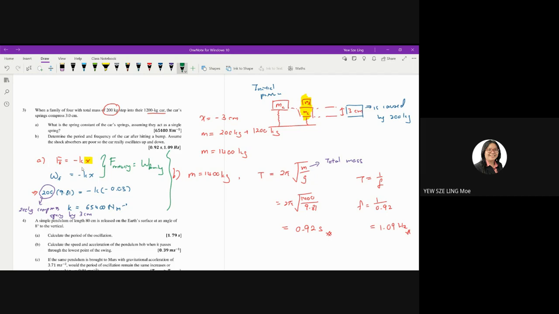That's why Fs equals negative kx, W family equals negative kx. So you have 200 times 9.81 equals negative k times negative 0.03. From here you obtain the spring constant.